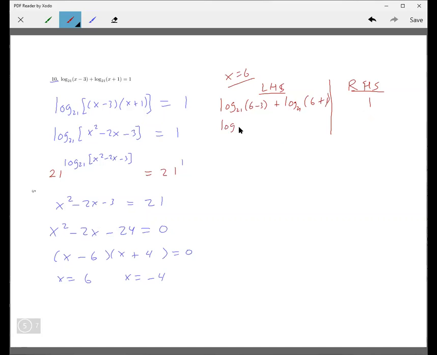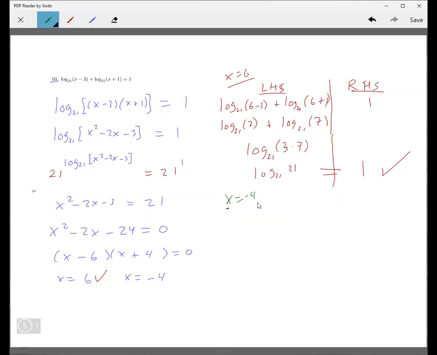Okay, so this is log base 21 of 3 plus log base 21 of 7. Those ones can combine, 3 times 7, which is log base 21 of 21. And that's equal to 1. So that checks out. So this works. So 6 works. Now we check negative 4.